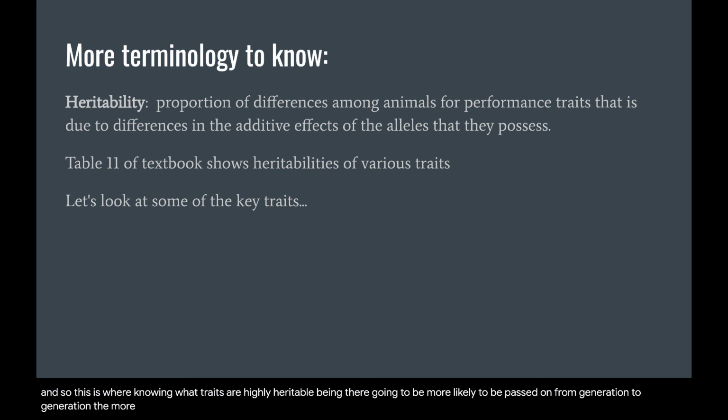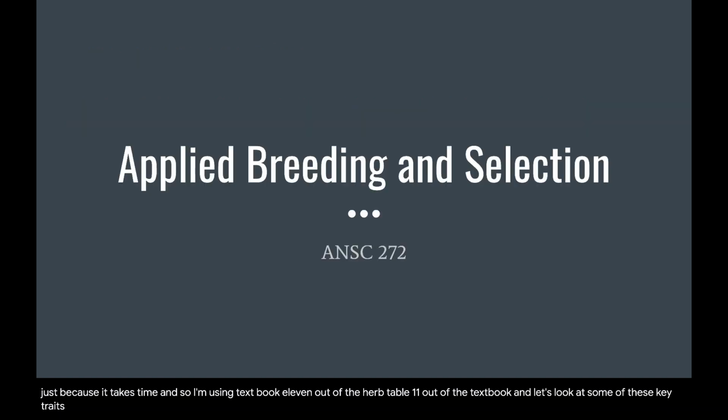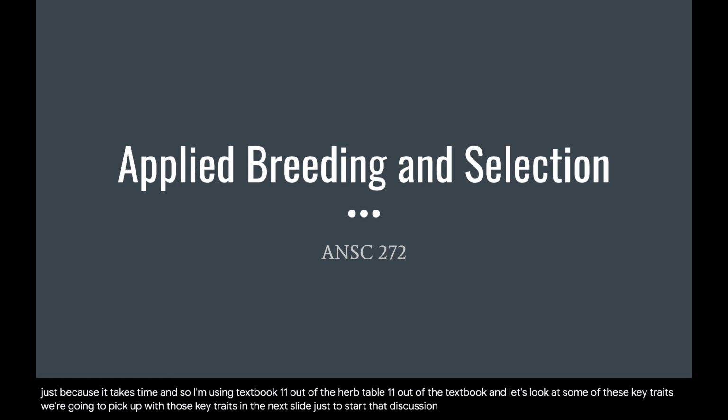With the more highly heritable traits, you can make genetic progress a whole lot faster than you can with the lowly heritable traits, just because it takes time. And so I'm using table 11 out of the textbook, and let's look at some of these key traits. We're going to pick up with those key traits in the next slide just to start that discussion, but refer to table 11 out of that textbook.